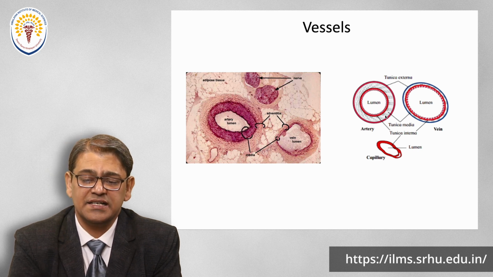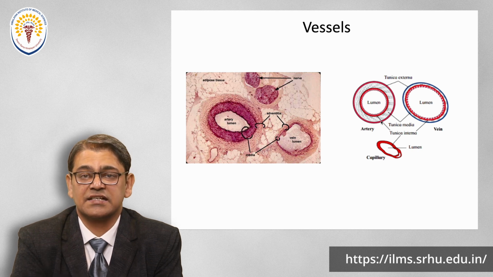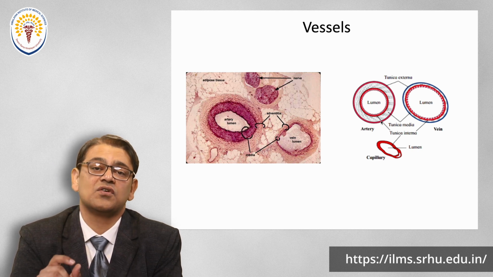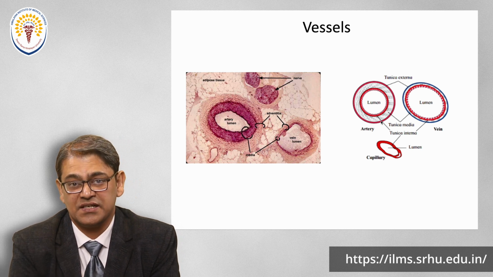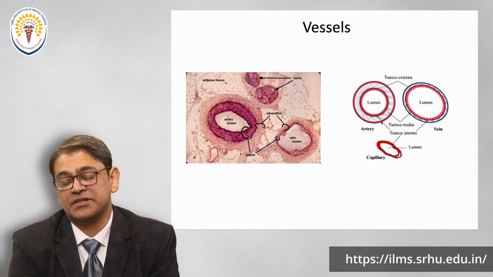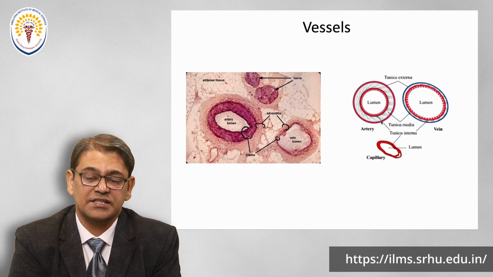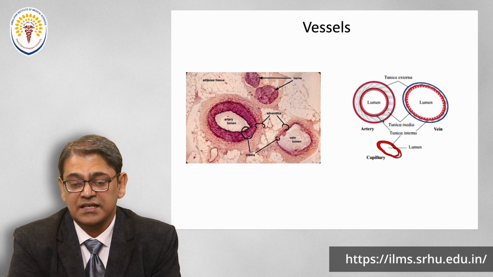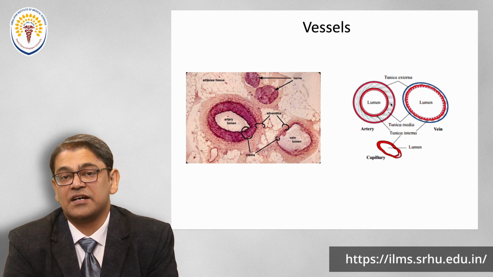But in the artery, the tunica media is very thick. So this is the histological difference. Always remember, just measure the thickness of the structure, and then you can differentiate between an artery and a vein in histological slides.